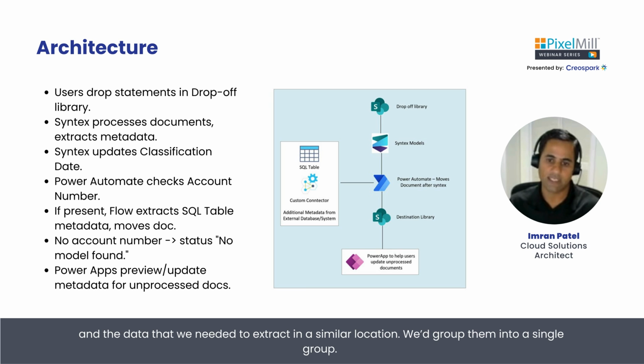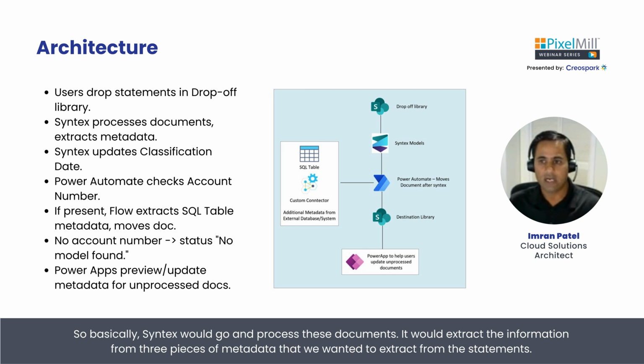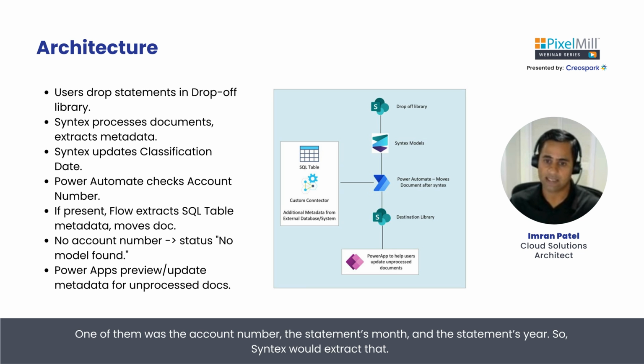That way we only had to create about 8 or 9 models instead of 50. Syntex would process the document and extract the information. There are 3 pieces of metadata that we were extracting from the statements: account number, statement month, and statement year.